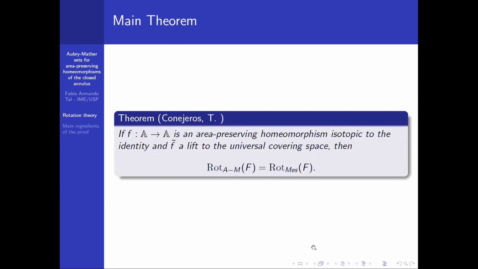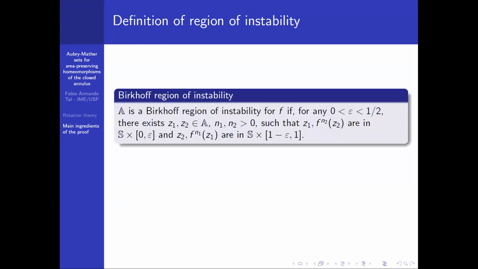I'm not sure how much time I'll have, so I'll give some basic ideas and try not to extend too much. The idea here is to define something which is called regions of instability. The ingredients involved in the proof are the following. You have to understand what a region of instability is.